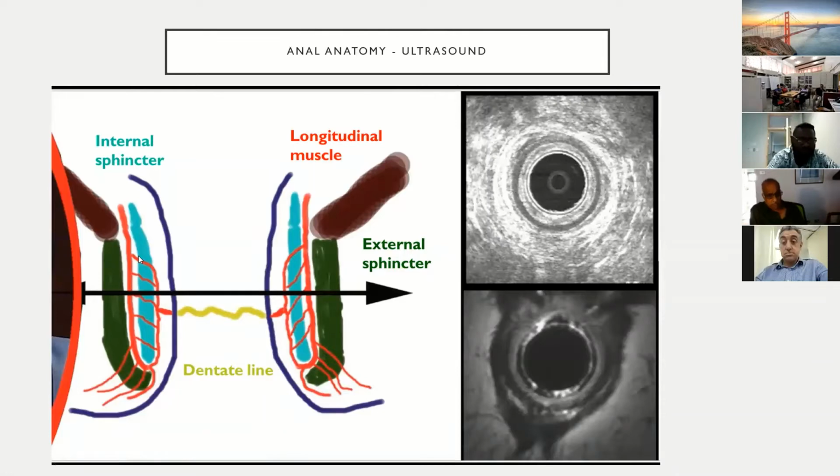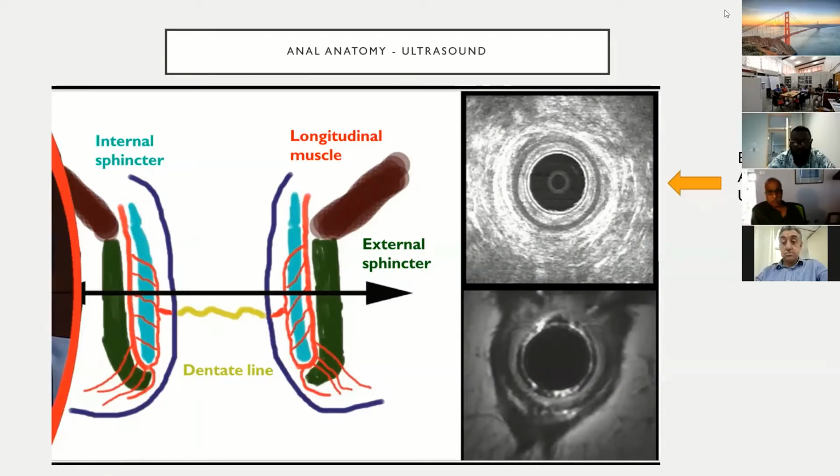Now, this is a diagrammatic picture of the anatomy. The blue color is the internal sphincter, a circular muscle, the red one is the longitudinal muscle, and the green one is the external sphincter. The pictures on the right-hand side are ultrasound.